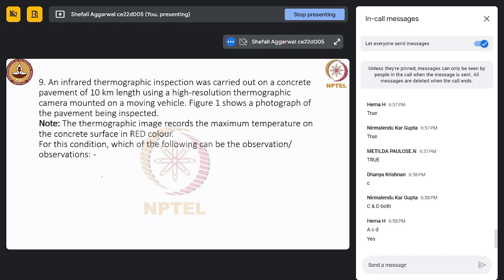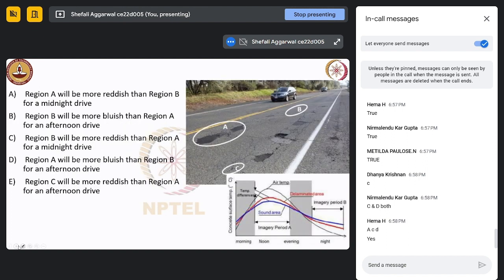An infrared thermographic inspection was carried out on a concrete pavement of 10-kilometer length using a high resolution thermographic camera mounted on a moving vehicle. Figure 1 shows a photograph of the pavement being inspected. I'll show you the figure. This is the figure of the pavement. Okay.